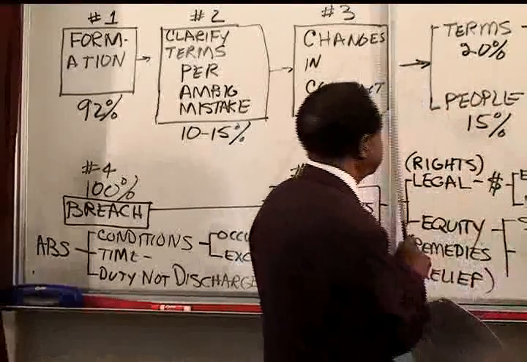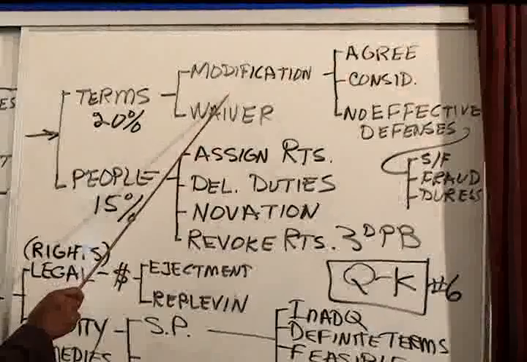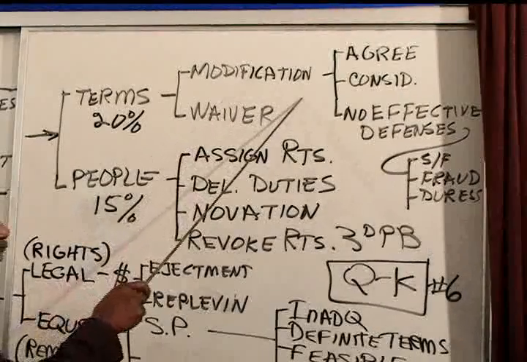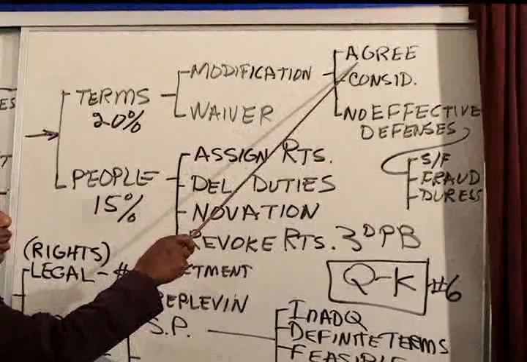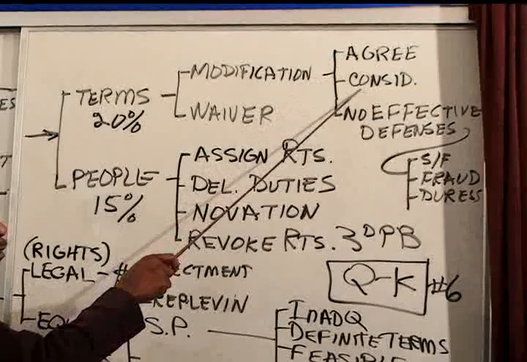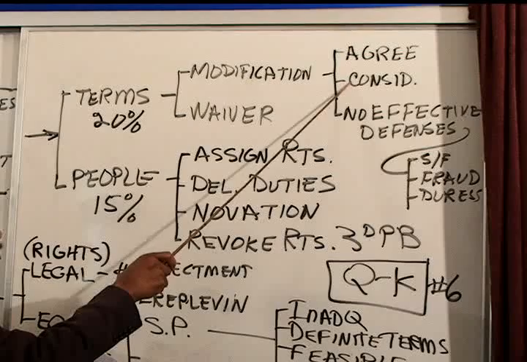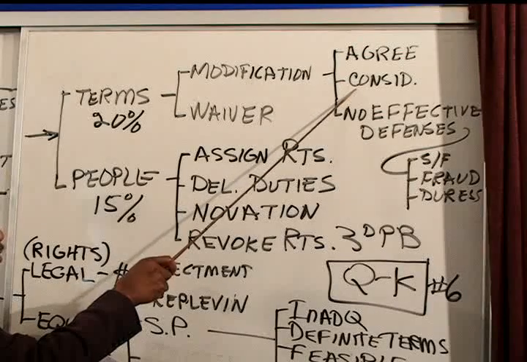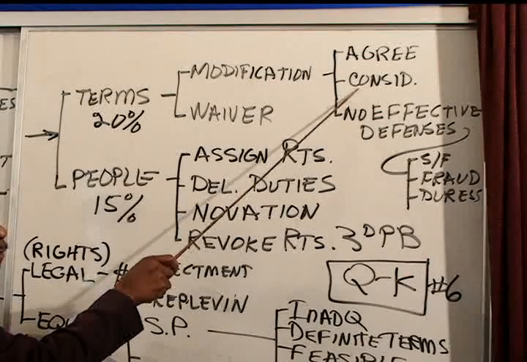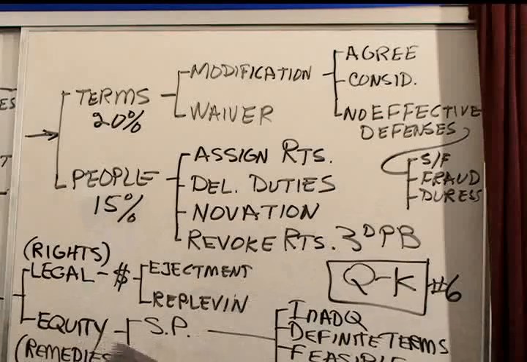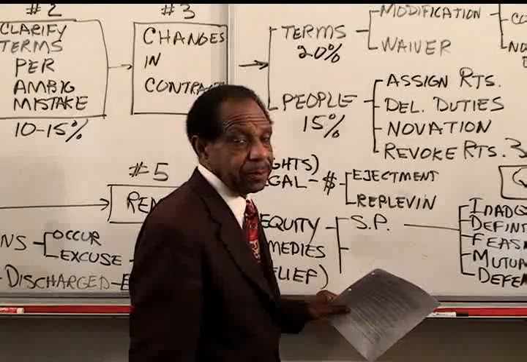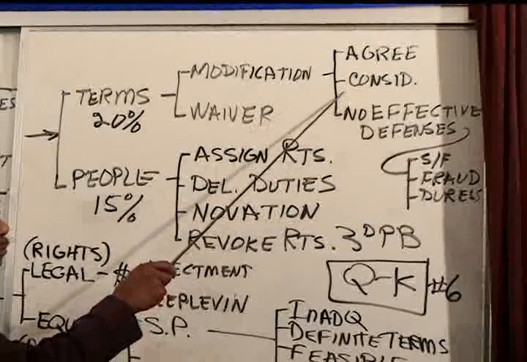As to changing the terms, they tried to modify the contract. To modify the contract, they needed to agree on the new price. They did that. They do not need consideration. UCC 2-209 subsection 1 says for a UCC contract, you do not need consideration for a modification. You need good faith, but you don't need consideration.